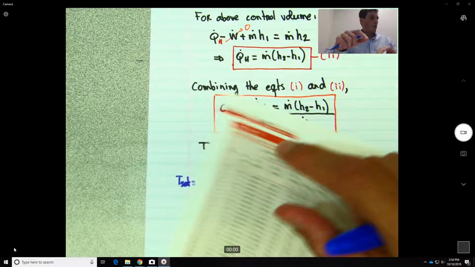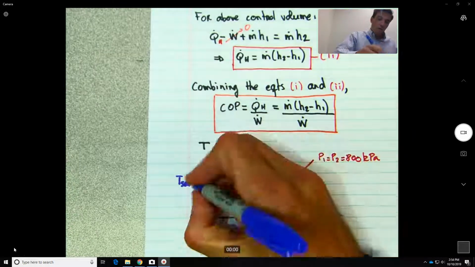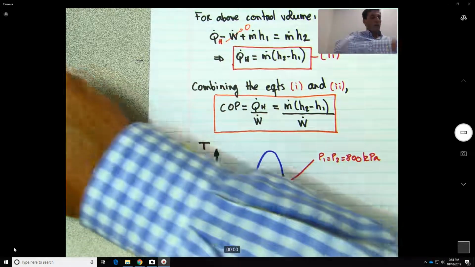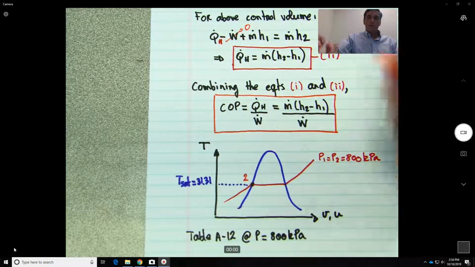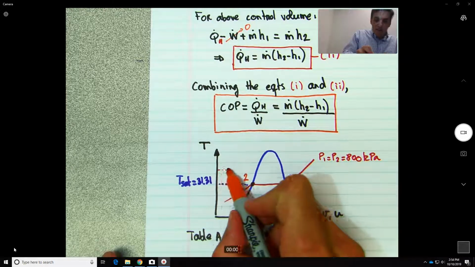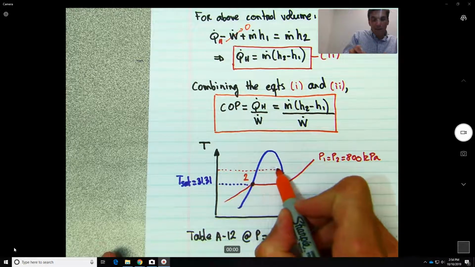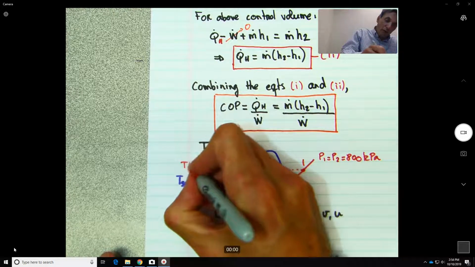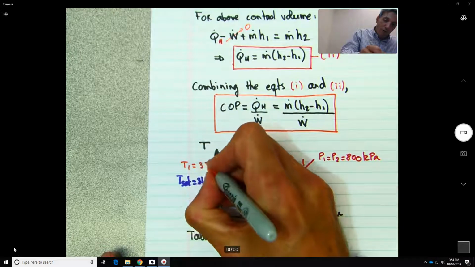So I can put it here, 31.31. And what do we know? The temperature at T1 is 35. So that means we are above this line. So this is not going to be to scale, but let's say this will be our state 1. So this is T1 equals 35.